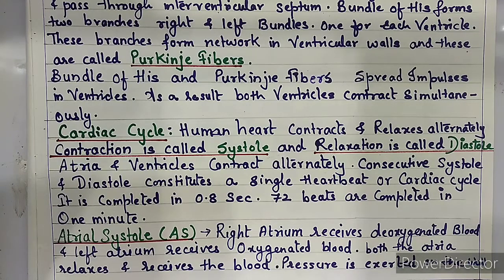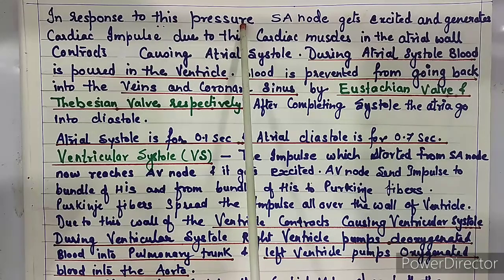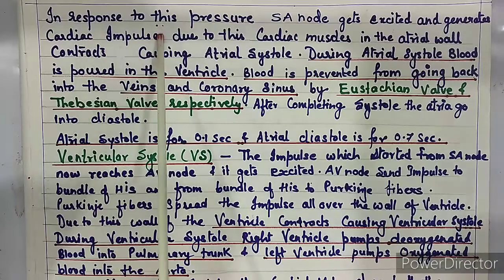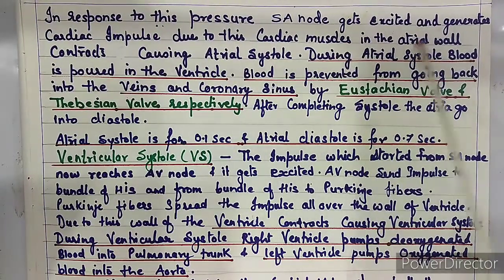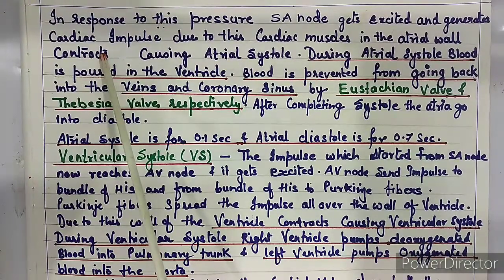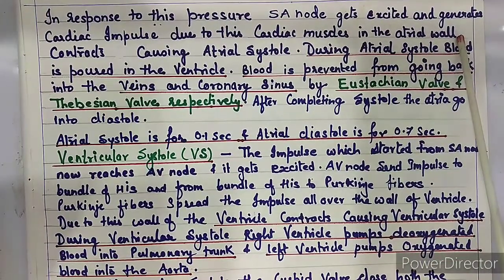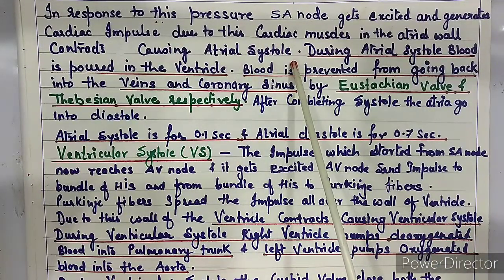Here a pressure is exerted on the wall. In response to this pressure, the SA node gets excited and generates a cardiac impulse. Due to this, the cardiac muscles in the atrial wall contract. They shrink, causing atrial systole.